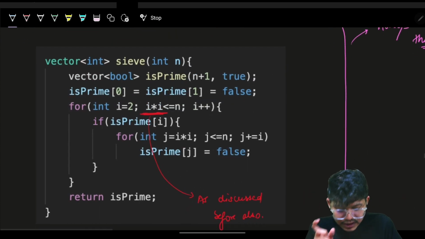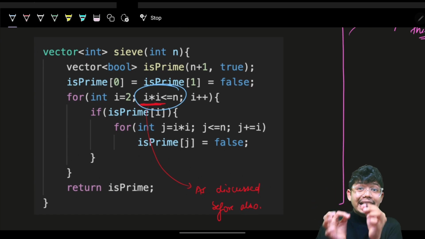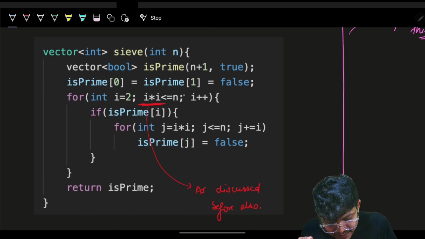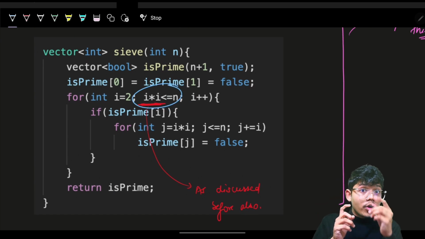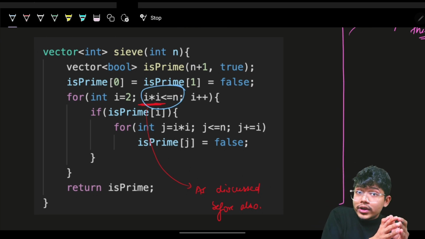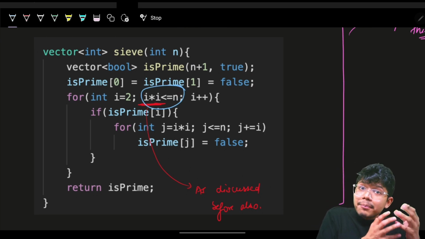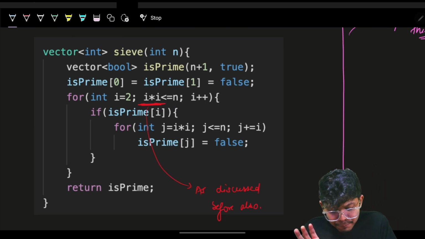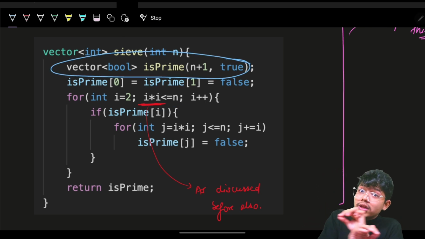So what I did was I am only iterating up till root n, and this will help me. Don't confuse it. I am not saying that I am not going after root n to find my prime numbers. I have by default assumed all the numbers as prime.